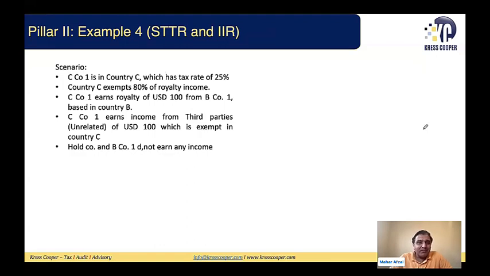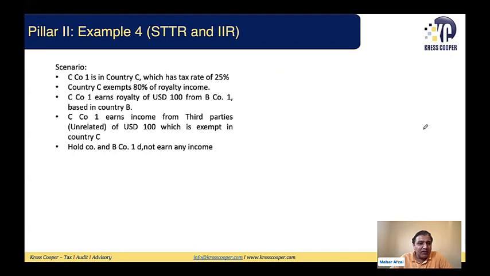Just look into this example. This is example number 4. Company CICO is in country C, which has a tax rate of 25%. Country C exempts 80% of the royalty income.